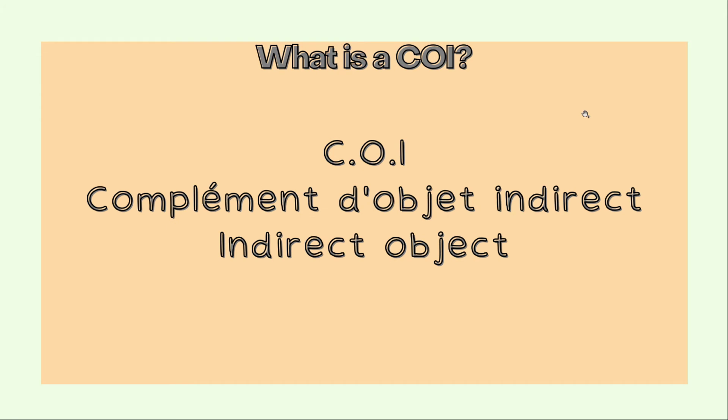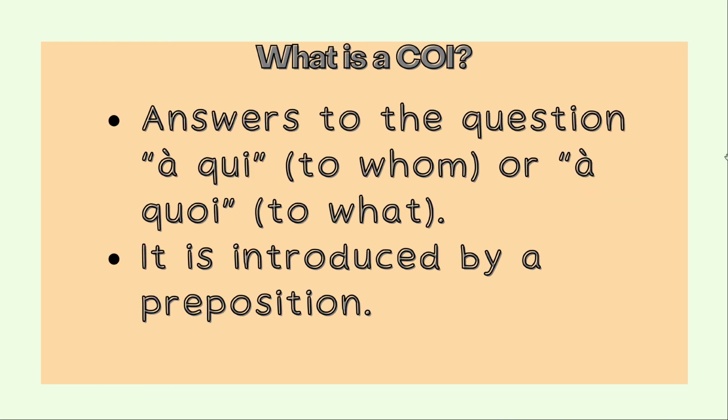Let's now see the COI, le complément d'objet indirect. This is what we call the indirect object of the sentence. It answers to the question à qui, to whom, or à quoi, to what. It is introduced this time by a preposition.